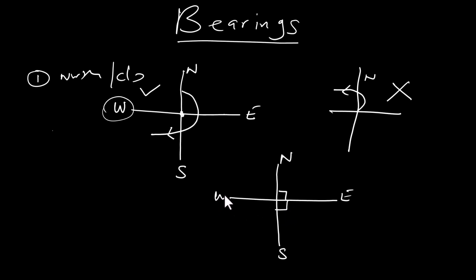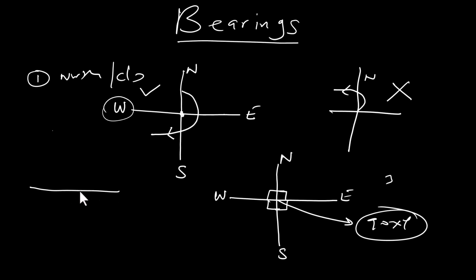Then south to west, southwest, also forms 90. Then west to north, 90. So in all, we have 90 times 4, making 360 degrees. This is the same as angle at a point. Angle at a point adds up to 360 degrees.